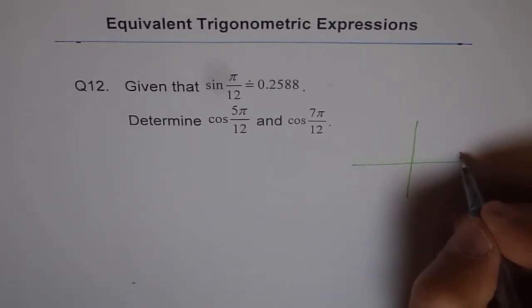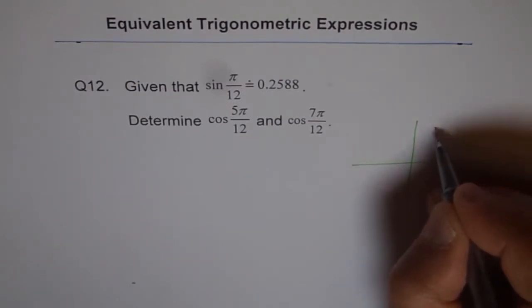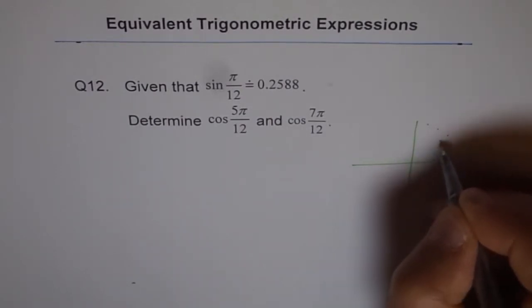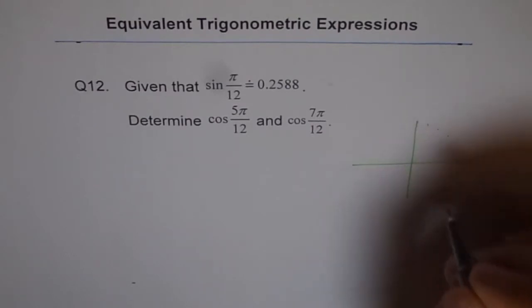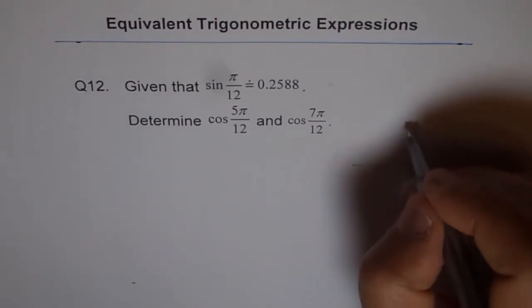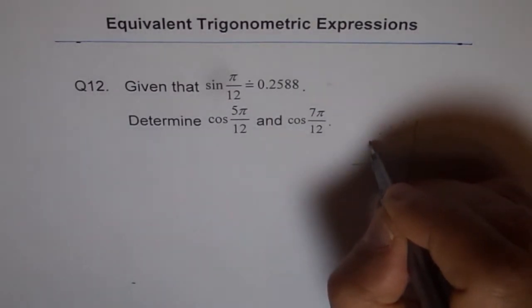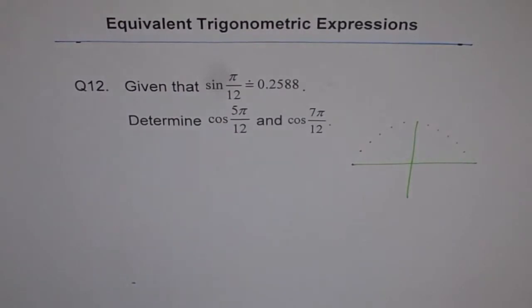So let's say 1, 2, 3, 4, 5, and this becomes the sixth one, and then we have 7, 8, 9, 10, 11, and the 12th one. So those are my 6 equal parts.